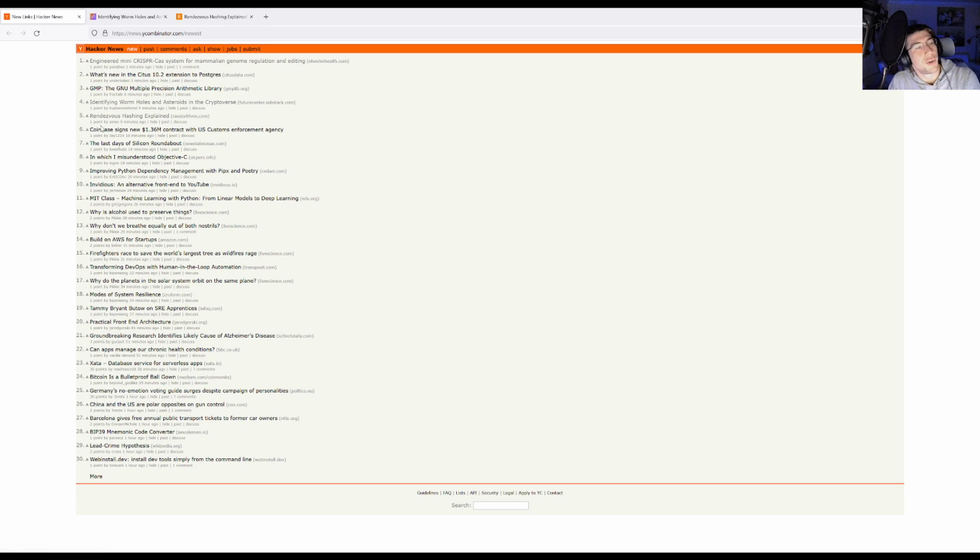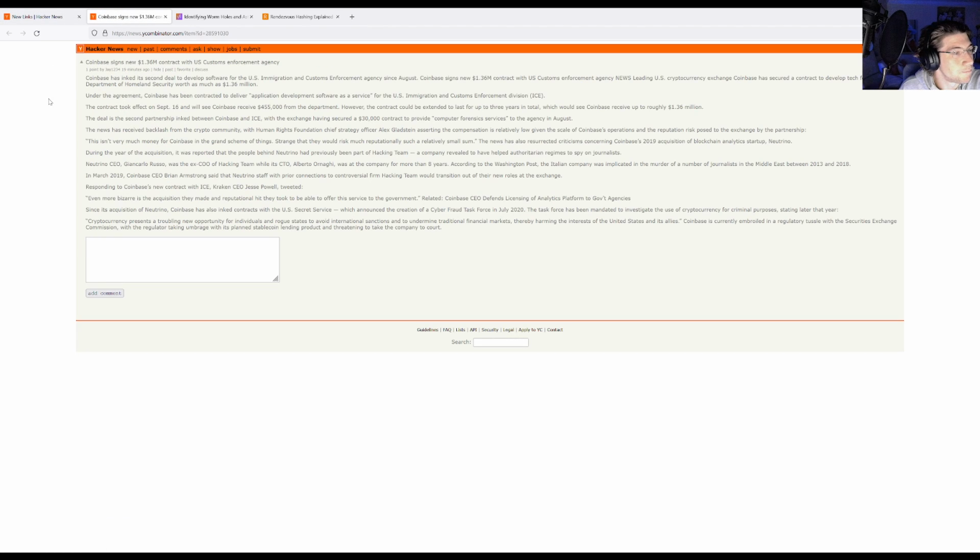Let's go on. Coinbase signs a new 1.36 million contract with the US Immigration and Customs Enforcement agency. Second year to develop software for US Immigration and Customs Enforcement since August. Leading US cryptocurrency exchange Coinbase has secured a contract to develop tech for the Department of Homeland Security. Worth 1.36 million. Wow, that's a nice contract.